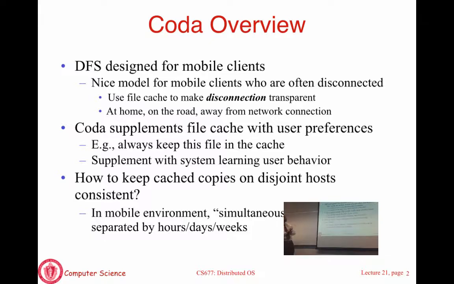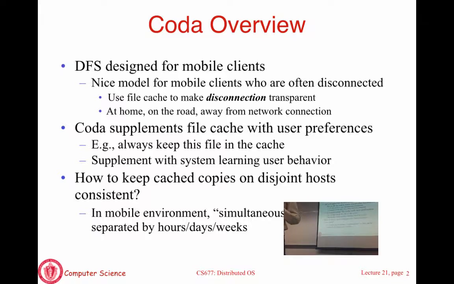So what Coda has is a file system cache that is used in some interesting ways, as we will see. The file system cache basically keeps track of all the files that a user is interested in and allows you access to that file cache even if the user's device is disconnected from the network.